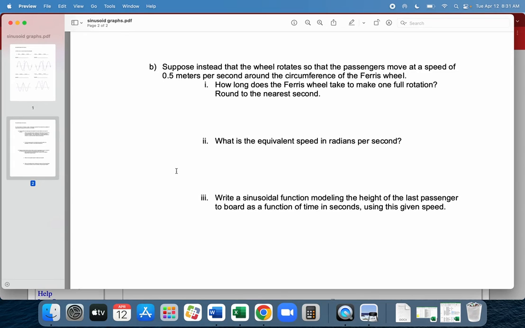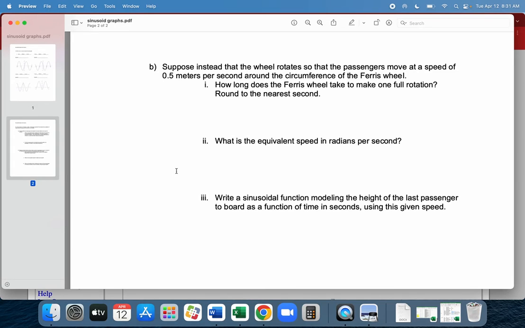If I want meters per second, that's just a number of meters divided by a number of seconds, right? So this number of meters divided by a number of seconds gives me meters per second. If I want radians per second, well, this is how long it takes to go all the way around. All the way around in radians is how much? 2 pi. So 2 pi divided by that.